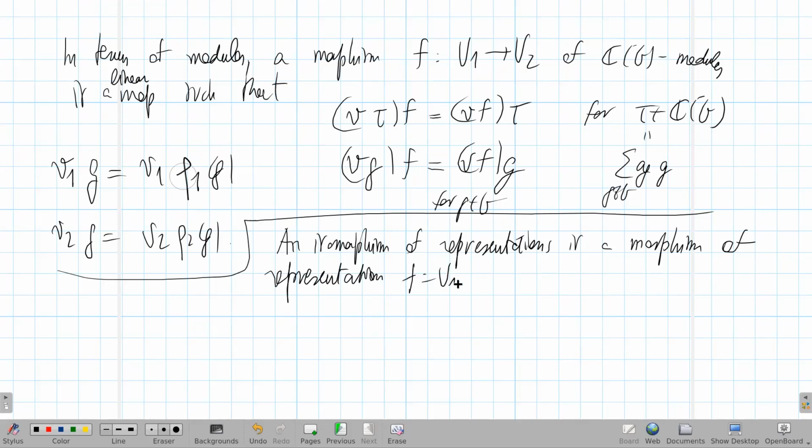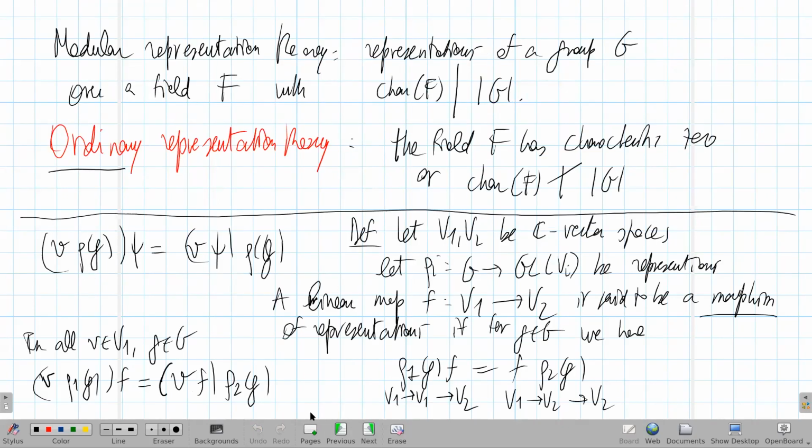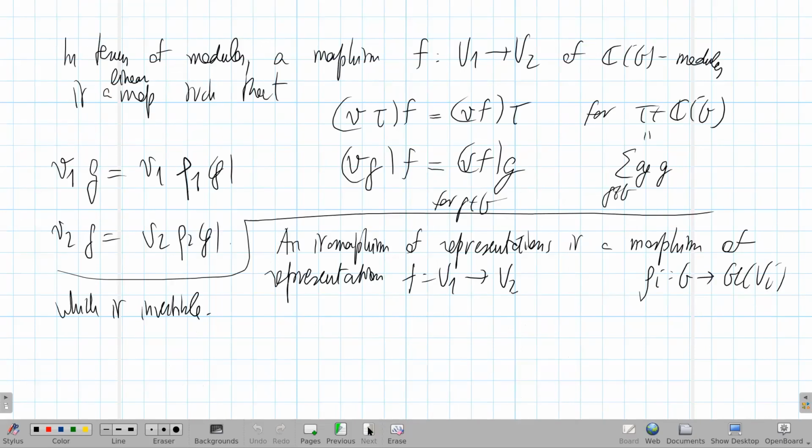F from V1 to V2, where we understand that we have the two representations like this, which is invertible, say. Okay, so it's a linear map which is also invertible. And then you see, so I'll be back here if you've not written the details. So look at this from this point of view, okay? We see that rho 1 of G F is F rho 2 of G. I'll copy it to the next page.